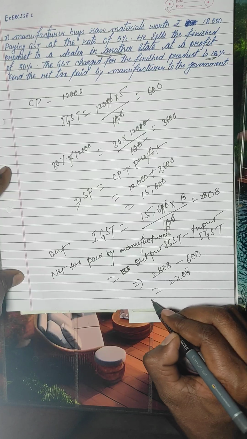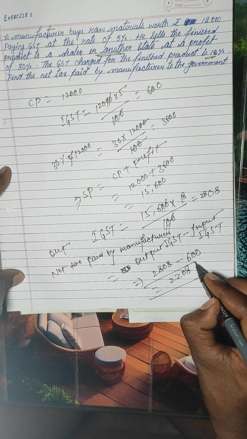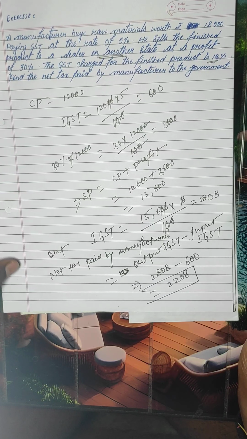So 2,208 is the net tax paid by the manufacturer. Okay, so these are the questions.